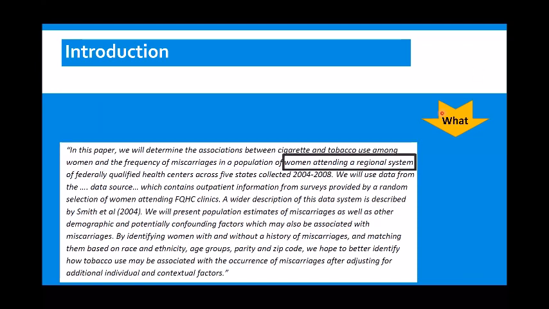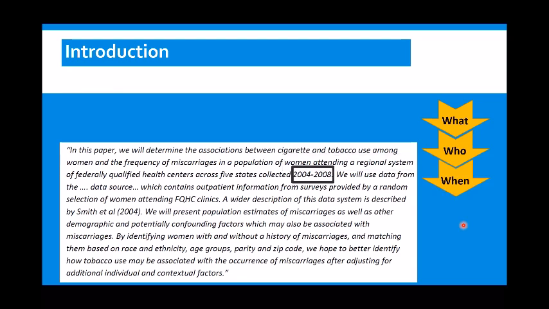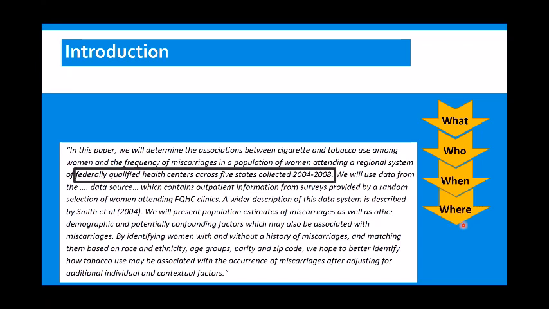Then you can see they said who: women attending a regional health system. They also state when: between 2004 and 2018. And where: in federally qualified health centers across 5 states.